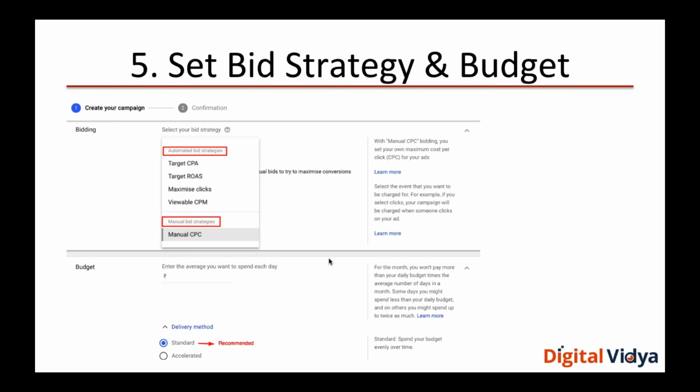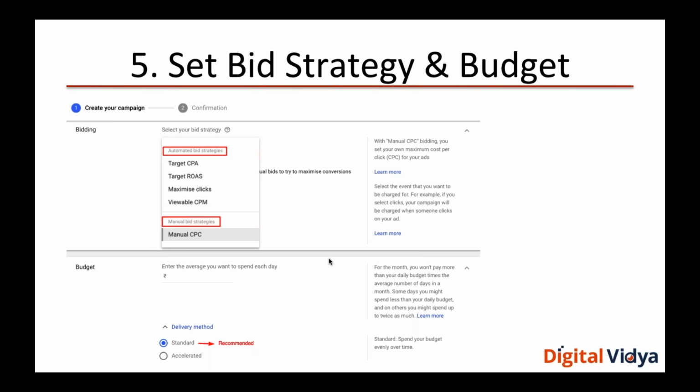So if my objective is to generate maximum number of clicks, I can maybe go for maximize clicks. If my objective is, let's say, to get more brand awareness, I can go for viewable CPM, where I pay for every 1,000 impressions. If my objective is sales or conversions, maybe I can go for something like target CPA, where I set a particular cost per conversion.